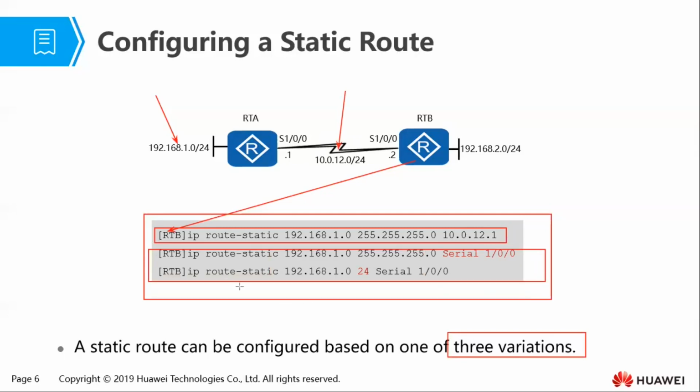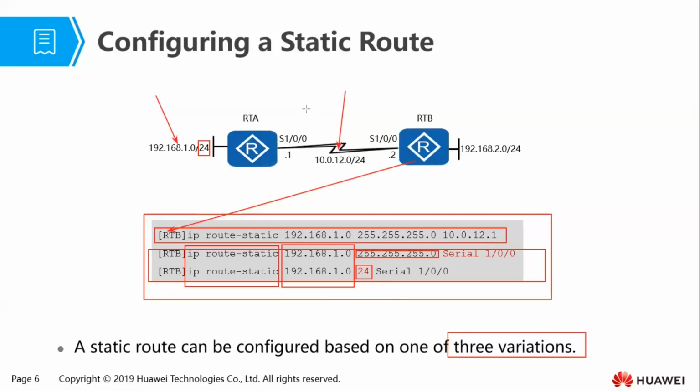The command to use is ip route-static. Then number two, you specify the network address, so where do you want to go: 192.168.1.0. Then number three, you specify the mask, the mask of that network. You can specify it as 255.255.255.0, or you can simply specify it as 24.